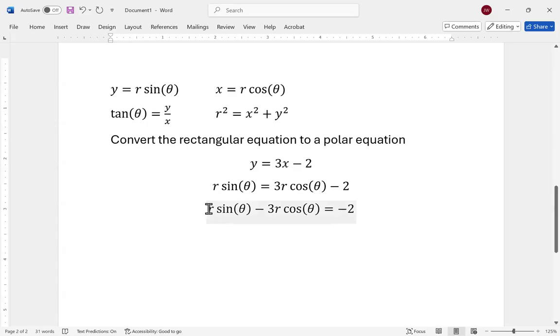And now what I do is I take this equation and on the left-hand side, I factor out an r. If I factor out an r from the left-hand side, I just get sine theta minus 3 cosine theta, that whole quantity times an r, is equal to negative 2.